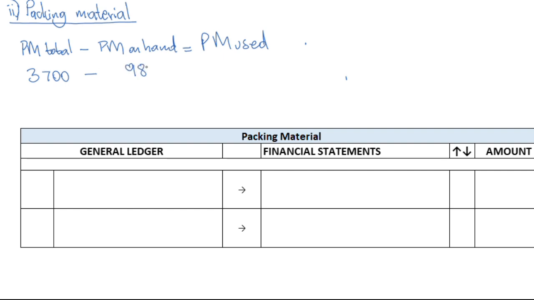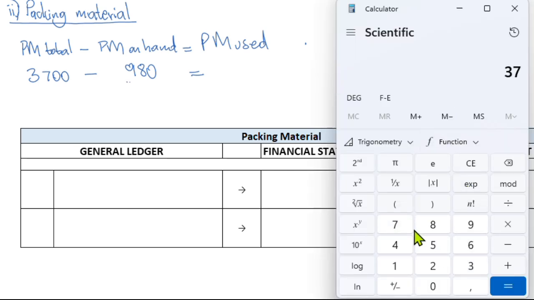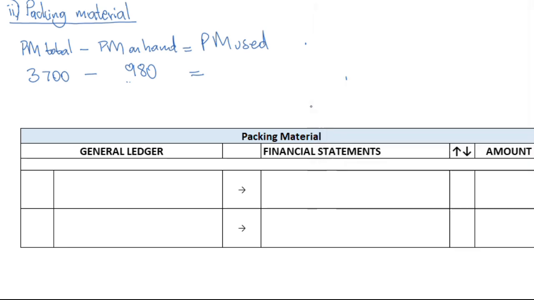Packing material on hand as per the stock take is equal to 980 rands. Therefore, our packing material used is going to be equal to 3,700 rands minus 980 rands, which equals 2,720 rands. So this is the amount expensed for packing material for the current financial year.